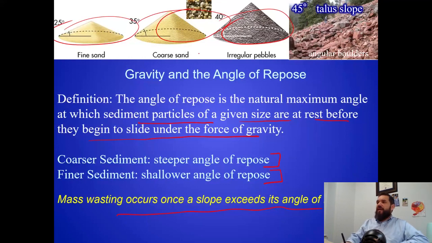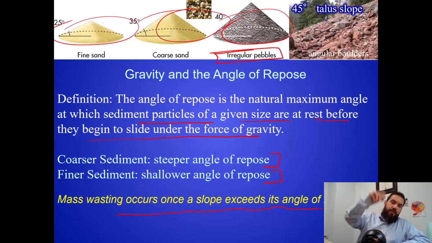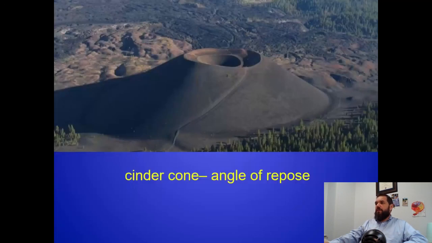The more irregular, angular pebbles or gravel can have a steeper angle, versus something smooth. Smoothed out will have a lower angle of repose. Water also plays a difference here too, and we'll talk a little bit about the role of water as we move forward. But water is actually kind of complex. It can either increase the angle of repose or decrease it depending on how much water is involved. Okay.